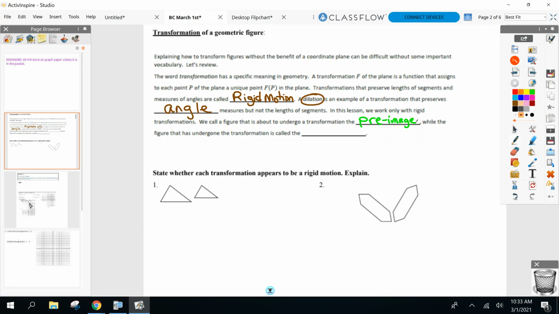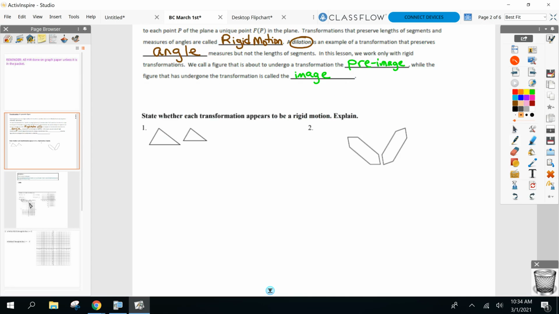That's the figure you start out with. Then you transform it. You slide it. You rotate it. You dilate it. You flip it. What I end up with is called my image. So what I start out with is my pre-image. What I end up with is my image.